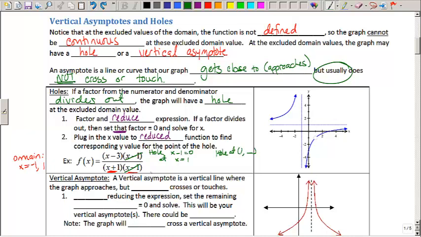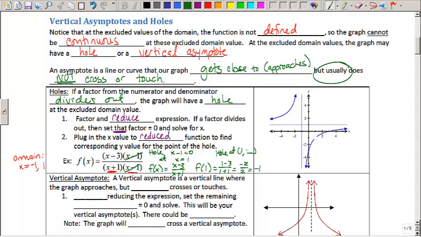Notice that my reduced function is f of x equals x minus 3 over x plus 1, the remaining two factors after I divided out the common factor. So when I find the value at 1 of the reduced function, I have 1 minus 3 over 1 plus 1, or -2 over 2.